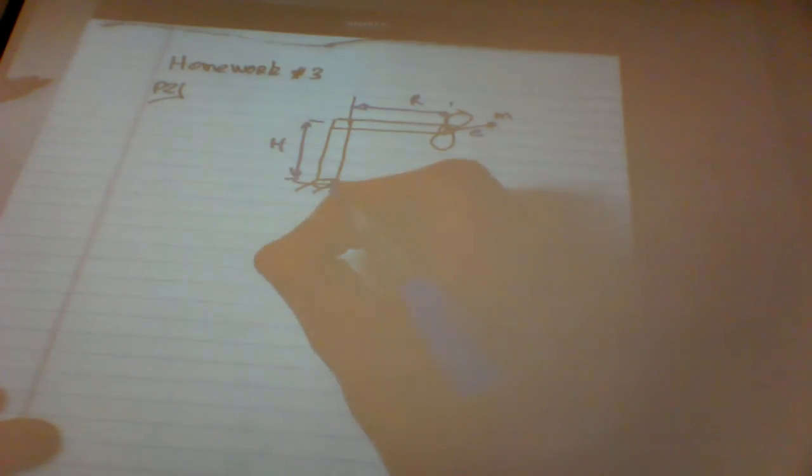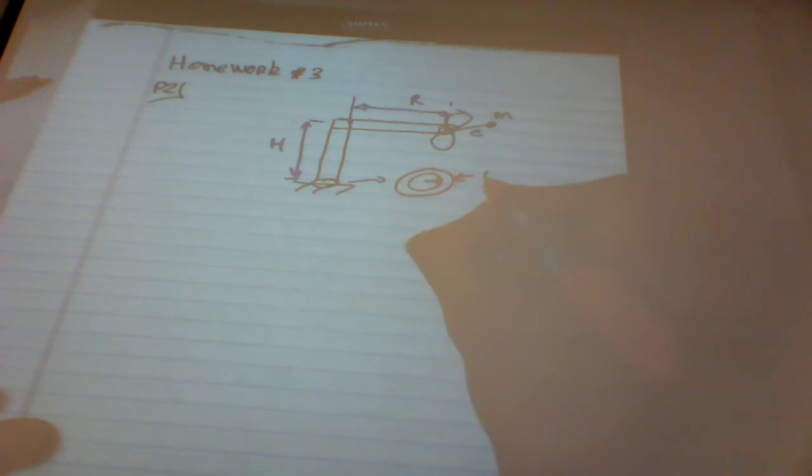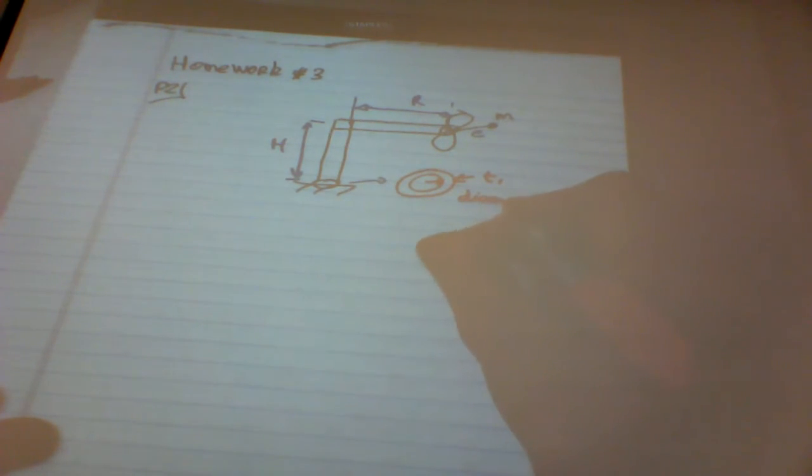I don't know if we need the H. Yeah, I think we need the H. And I say design the diameter and thickness of the base. So basically what I need to design here is the thickness and diameter.